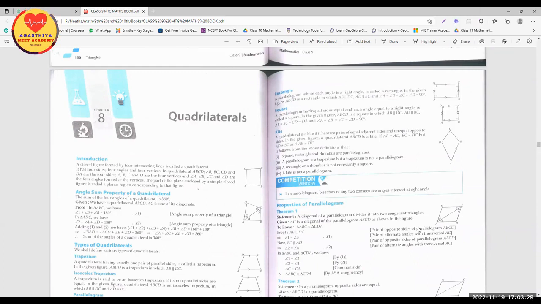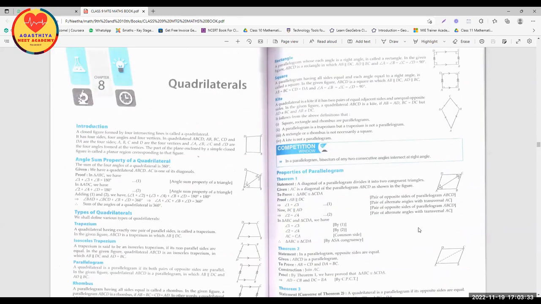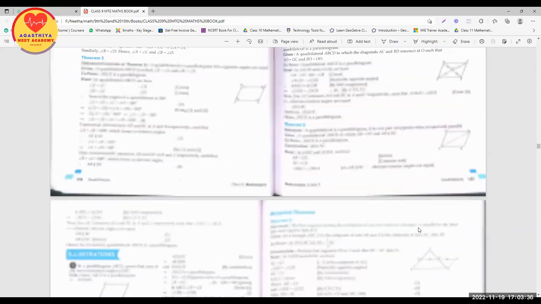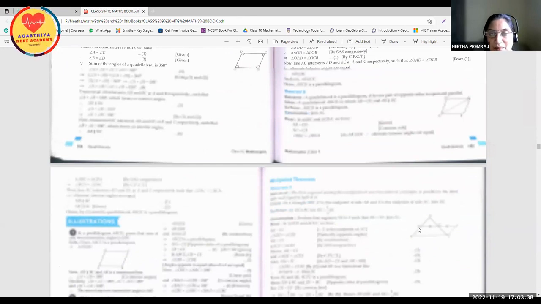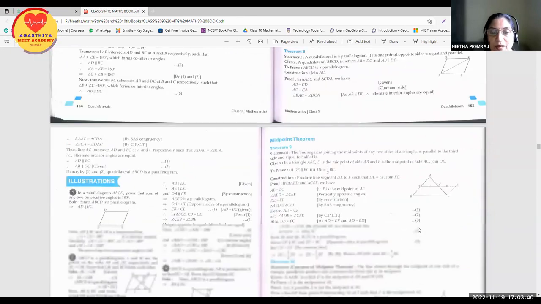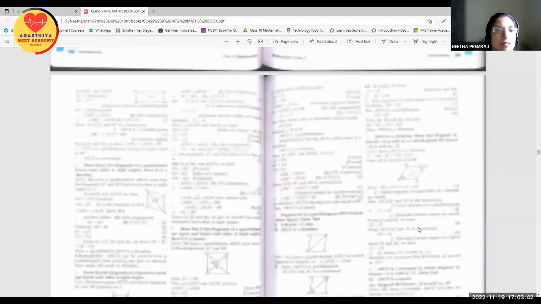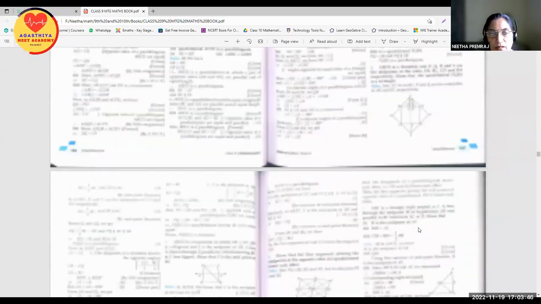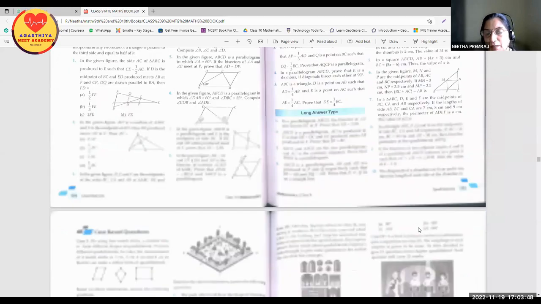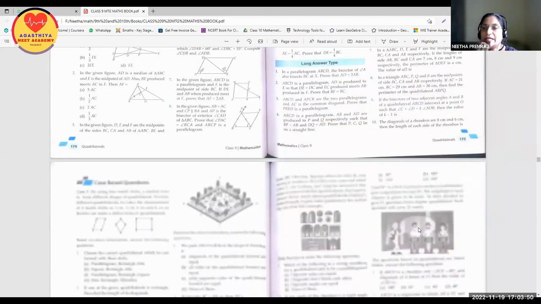Areas of parallelograms. Which chapter is that? See the book and tell me, because here the page number and the book numbers are not matching. Here it is, 9th chapter. Yes, fine. Areas of parallelograms and triangles.